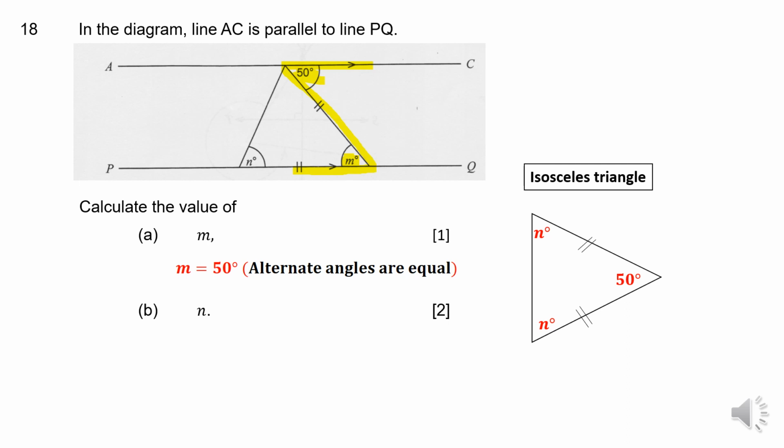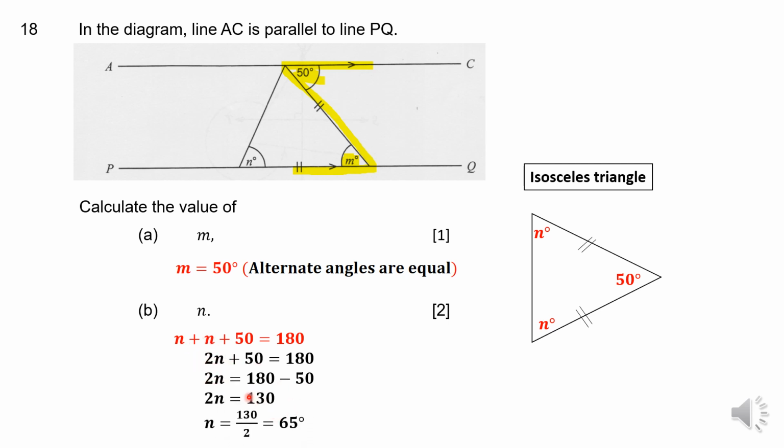The base angles, that is why I also put the n there, of this angle and of this angle n will be equal. The sum of the interior angles of a triangle, whatever the triangle, always adds up to 180 degrees. Solving this equation, n plus n as like terms gives you 2n plus 50, so n should be half of 130, which is 65 degrees.